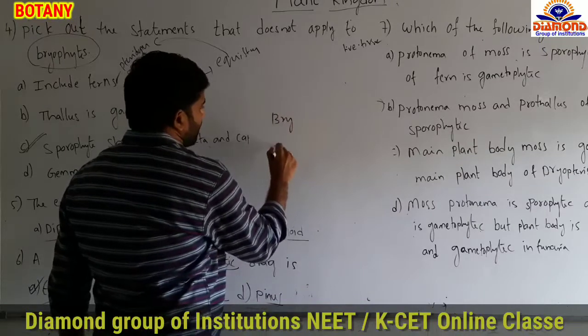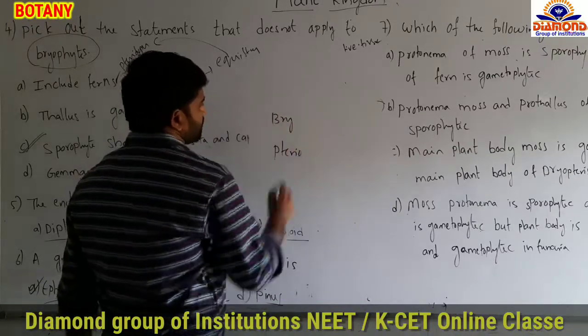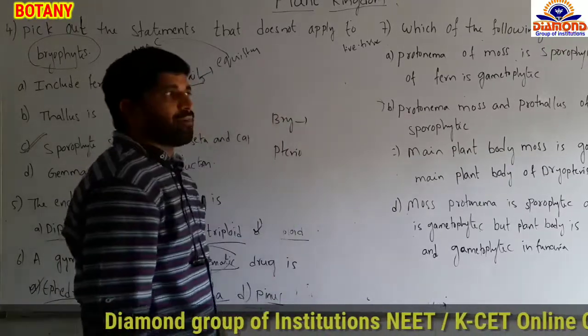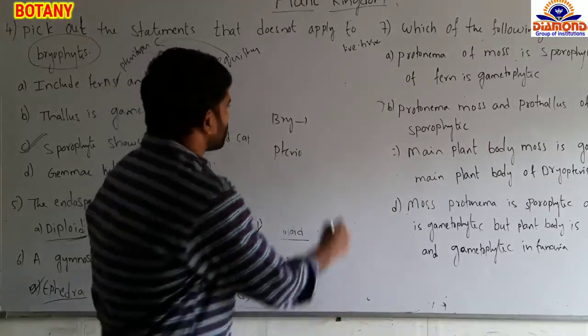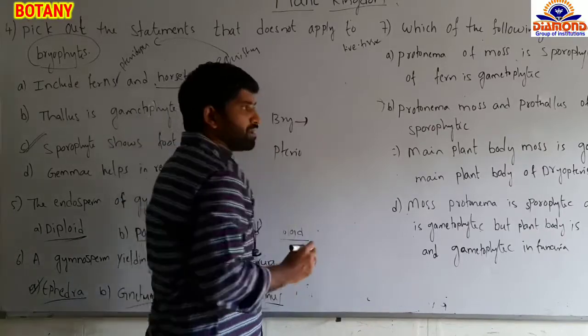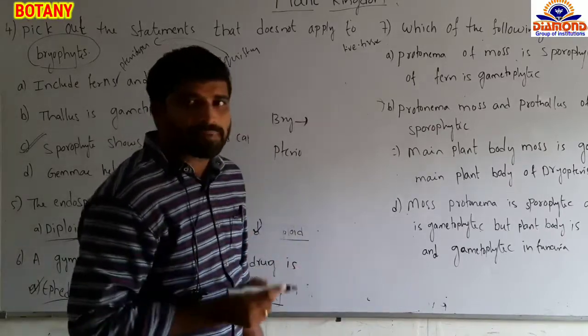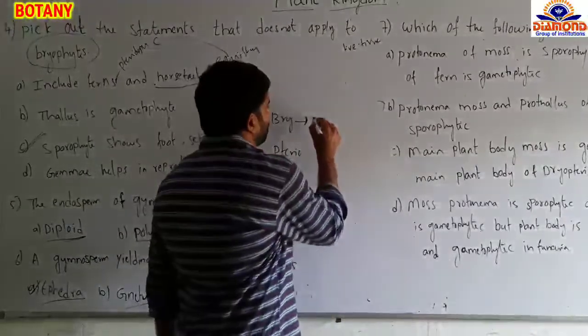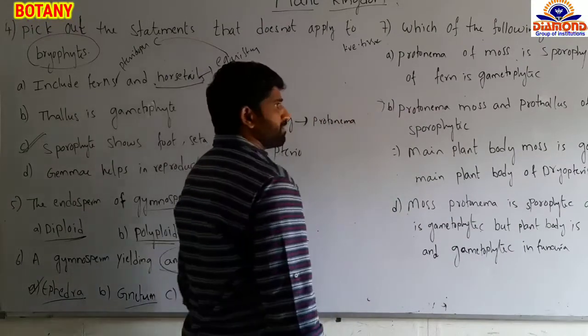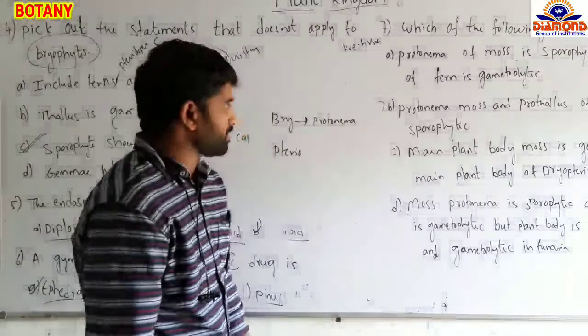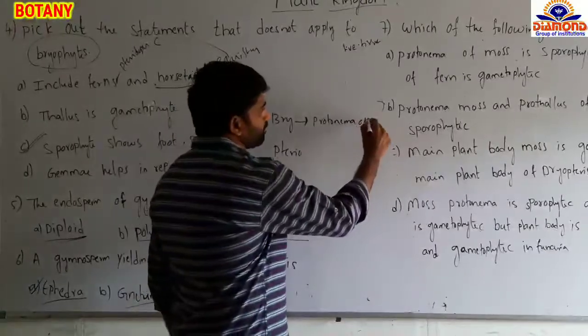These concern bryophytes and pteridophytes. In bryophytes, the gametophyte body starts from the spore. The spore develops into a multicellular haploid structure, which we call the protonema. We see this in mosses, the protonema of moss.